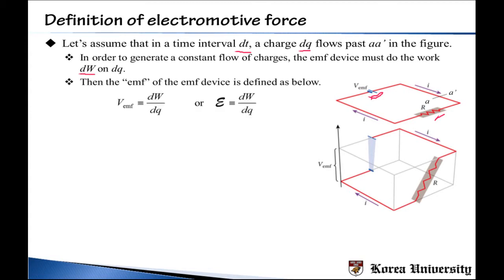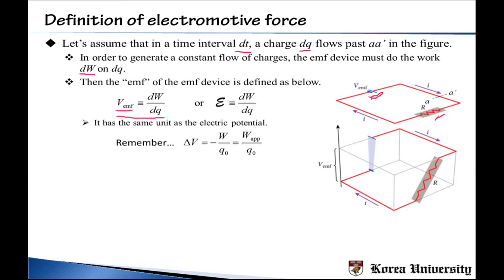And then here we define the EMF of this EMF device as shown here. So we divide the amount of work done by the amount of charge flowing. So dW divided by dQ will be the EMF of this device, and we use the symbol V sub EMF, okay? And the reason why we use V is we already said it is in fact an electric potential.